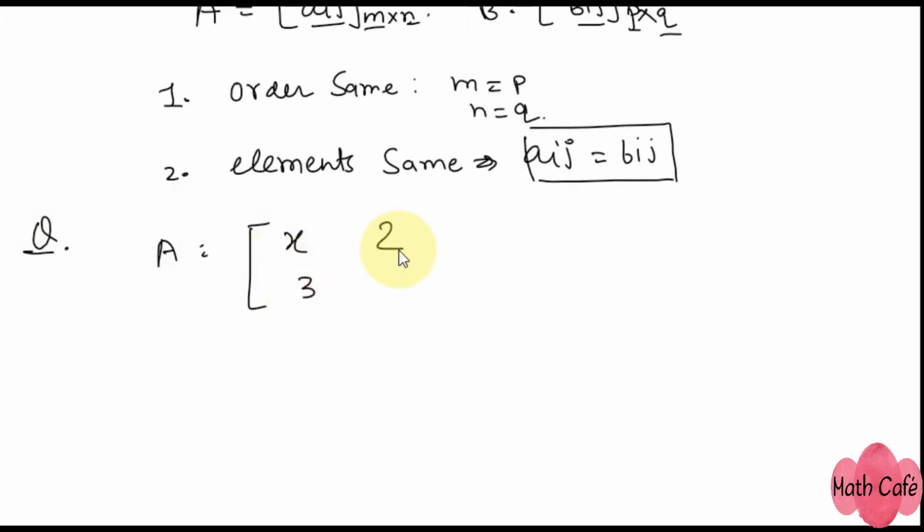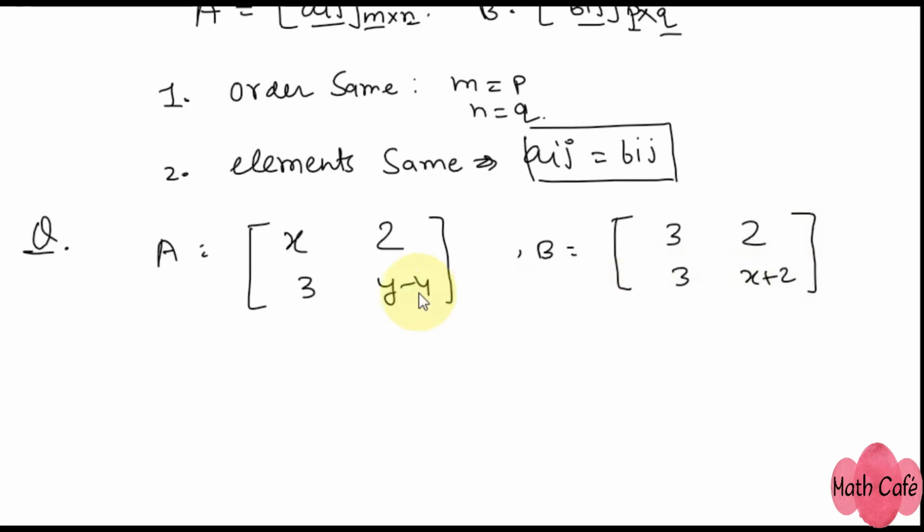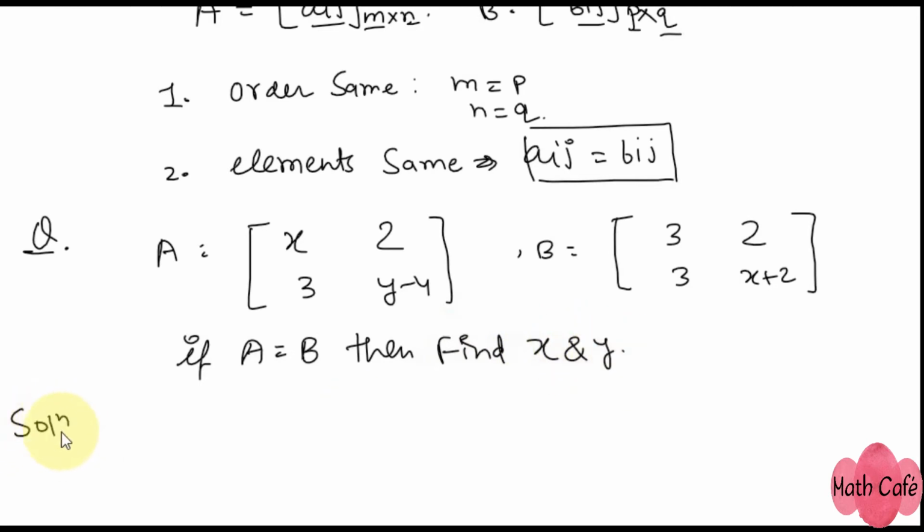If a matrix A is represented by, let's say, x, 3, 2 and y minus 4. Another matrix B is represented by 3, 3, 2 and x plus 2. If I am saying that both the matrices are same, if A equal to B, then find values of x and y.